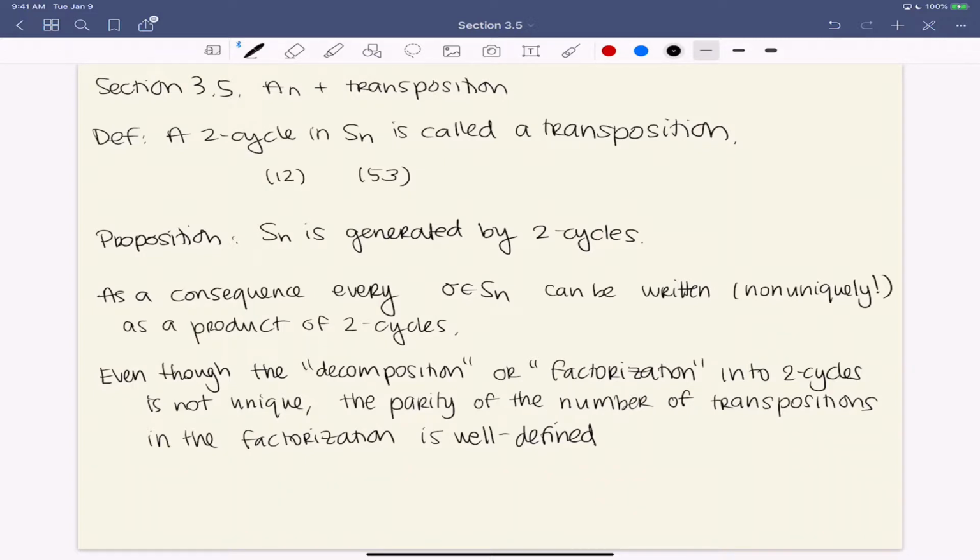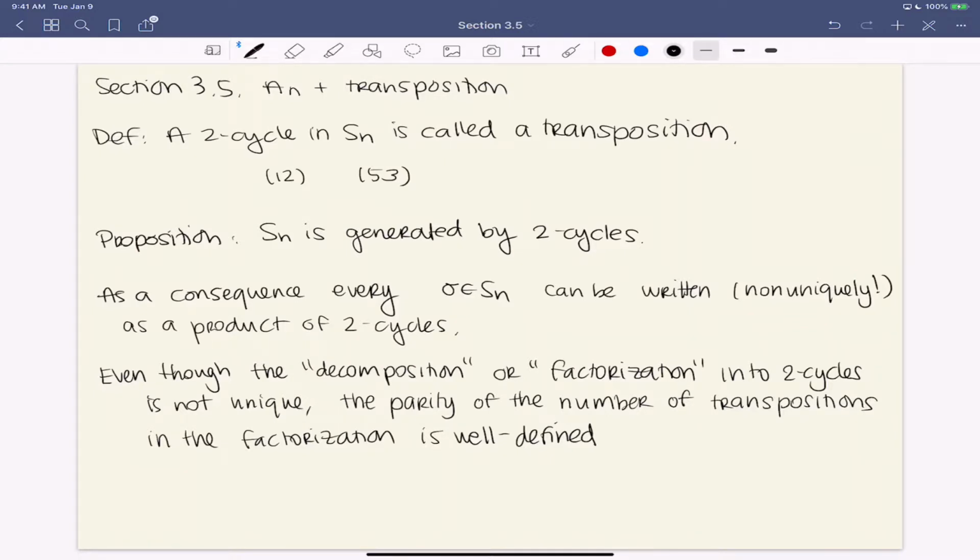So if you can write an element sigma as a product of two transpositions, you might also be able to write it as a product of 4 transpositions or 6 transpositions, but you never would be able to write it as a product of 3 transpositions or 5 transpositions. And also the same thing for odd numbers, right?